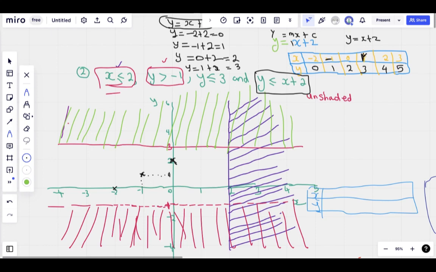Then 1 on the x-axis, trace it to 3 on the y-axis, which is here. And then 2 on the x-axis, trace it to 4 on the y-axis.